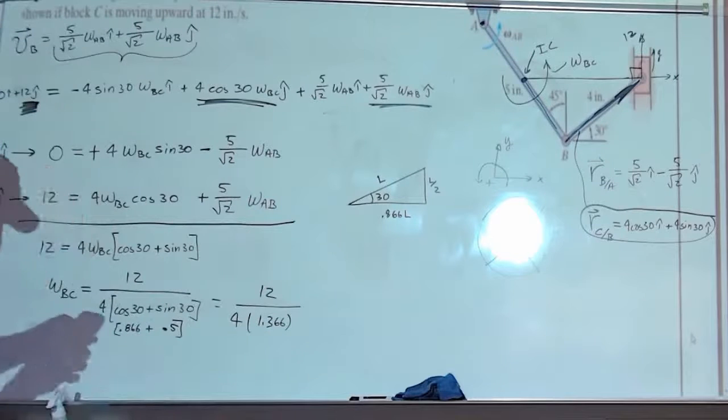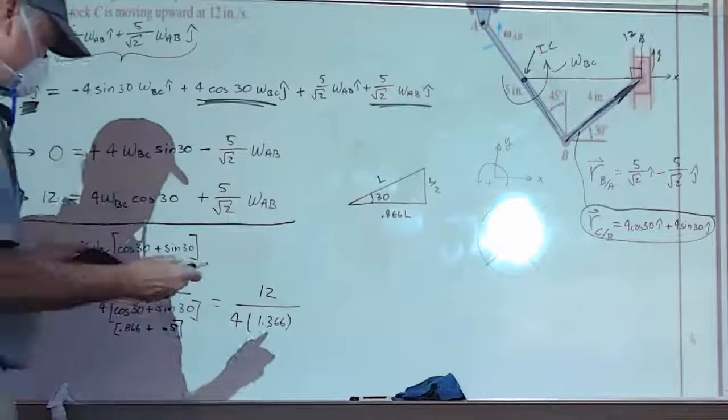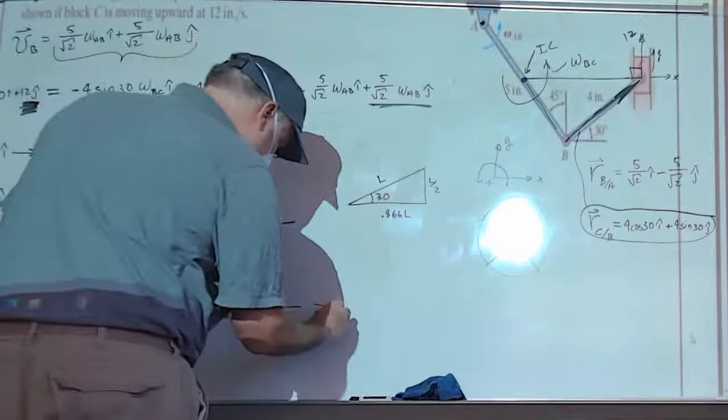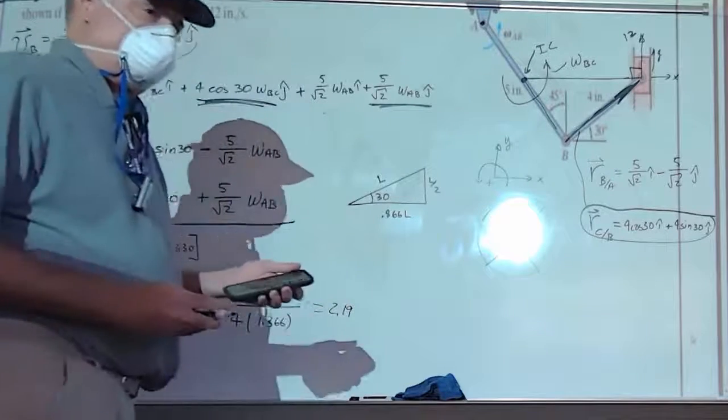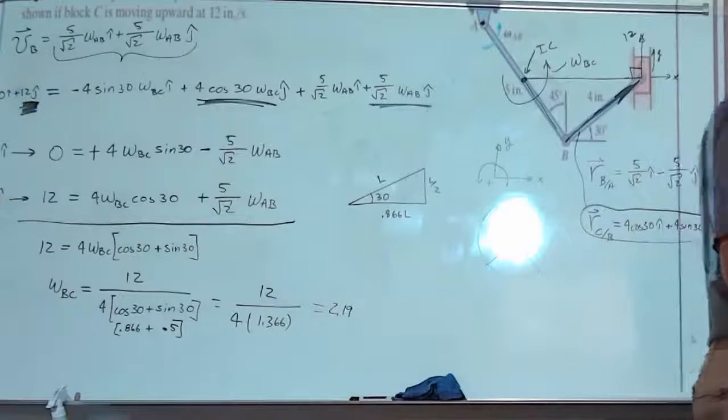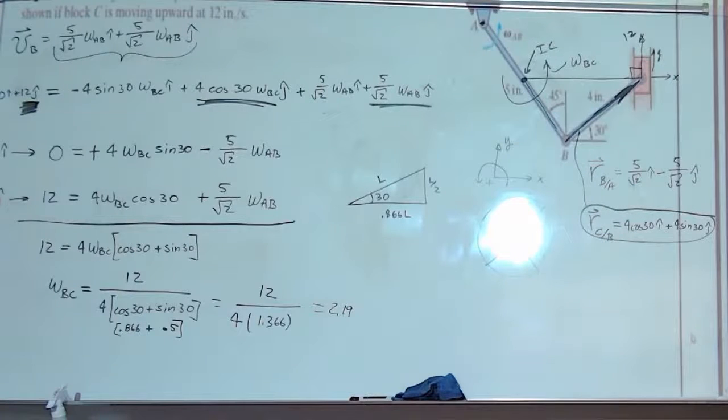So let me see if I can make my calculator come up. The 12 divided by 4 divided by 1.366, 2.19? Uh-oh, I think that's wrong. Uh-oh, what do we do?